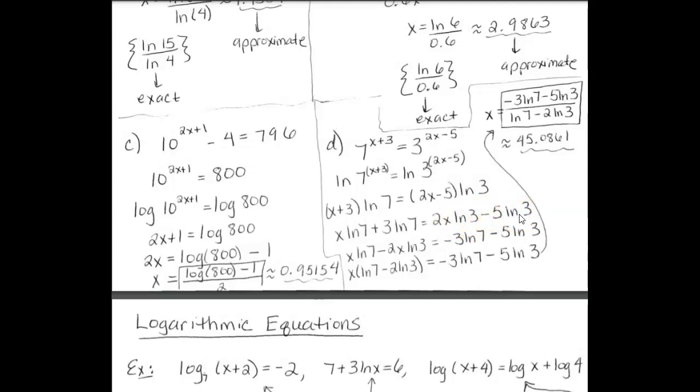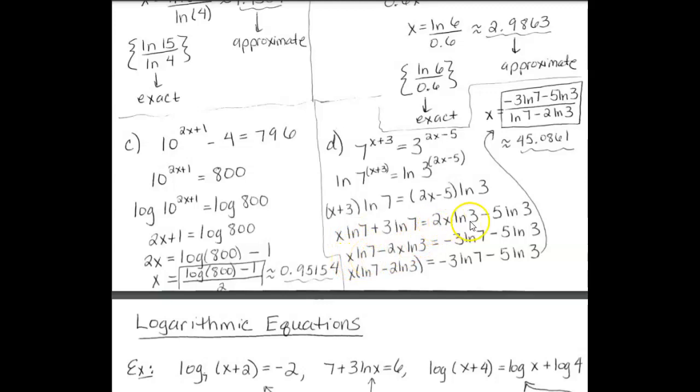And remember, the goal here, we're trying to solve for x. So here is a term that contains x, and here is a term that contains x. So our next step is to rearrange your equation to put the x terms on one side and the terms that do not contain x on the other side. So I'm going to leave this where it's at, x natural log of 7.